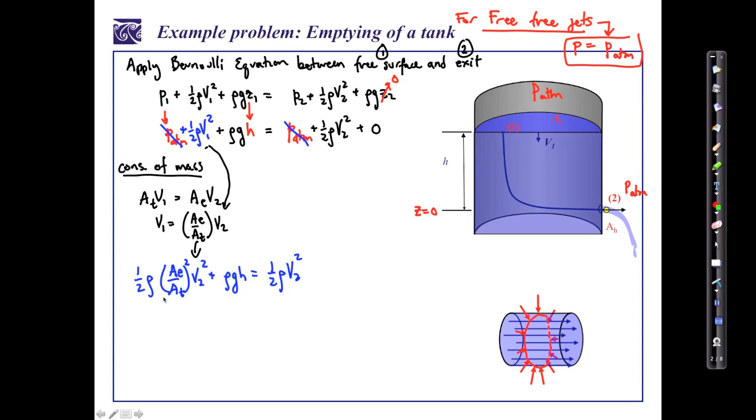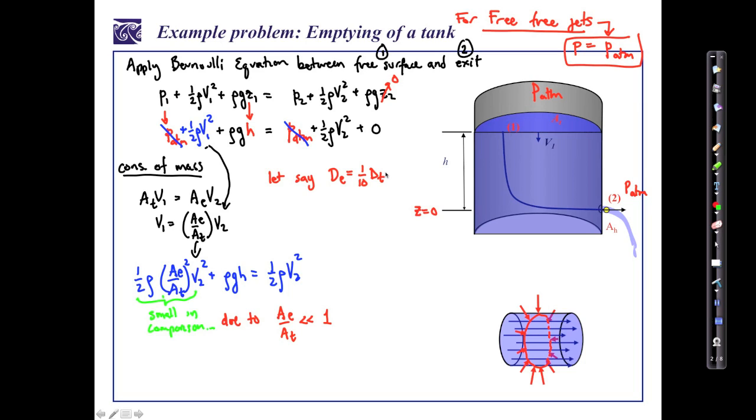I argue that this term is going to be very small in comparison to the other terms. And it's going to rely on that fact that we had, due to the area of the exit divided by the area of the tank, is much, much less than 1. So if we go back up here, let's say that DE, the diameter of the exit, is equal to 1/10 of the diameter of the tank.